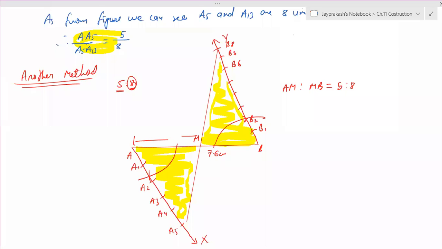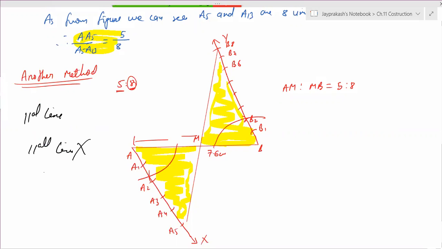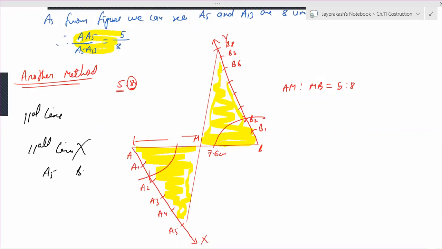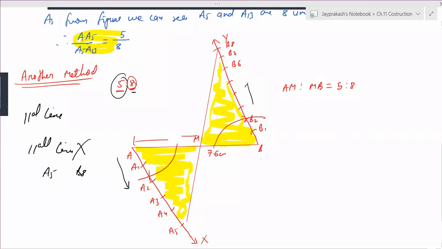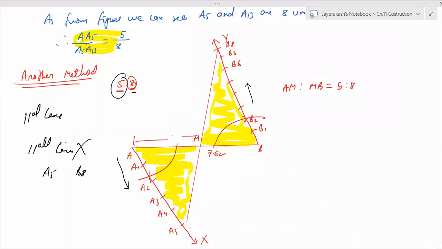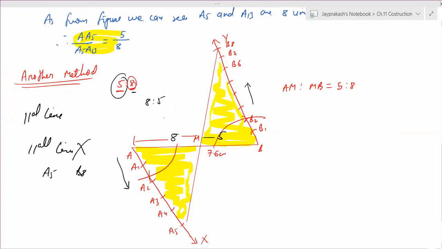Now, in first method, you have to remember about the parallel line construction. और सेकेंड मेथड के अंदर हमने कोई भी पैरेलल लाइन कंस्ट्रक्शन नहीं किया हुआ. वी जस्ट ज्वाइन A5 विद द B8. पहला रेशियो शुड बी डाउनवर्ड साइड, यहाँ पे जाना चाहिए, एंड द सेकेंड रेशियो शुड बी अप साइड. अगर ऐसा नहीं किया तो ये वाला पार्ट 5 के बदले 8 मिलेगा और इधर वाला पार्ट 5 बनेगा, यानी हमारा रेशियो कंस्ट्रक्ट हो जाएगा 8:5, उल्टा हो जाएगा.